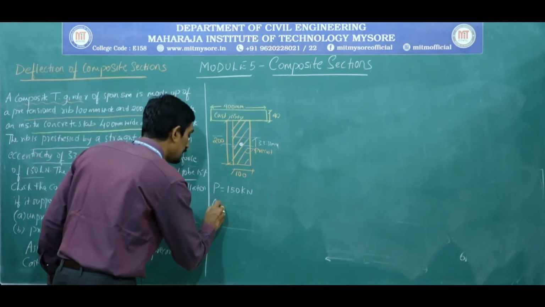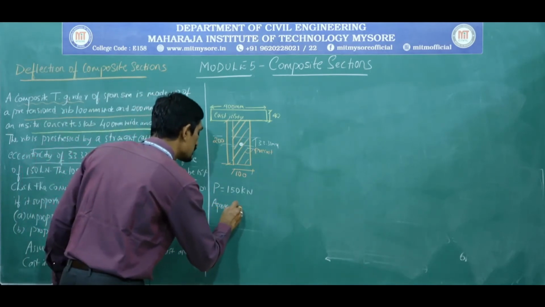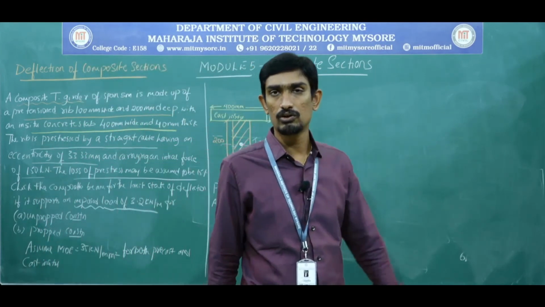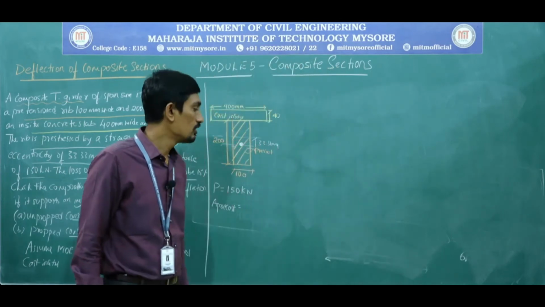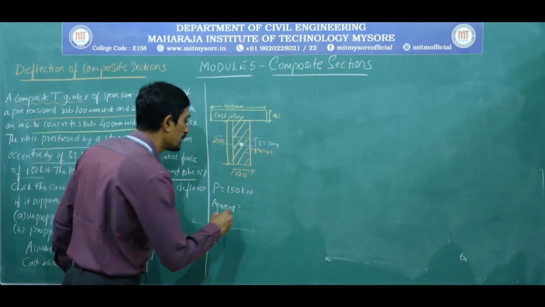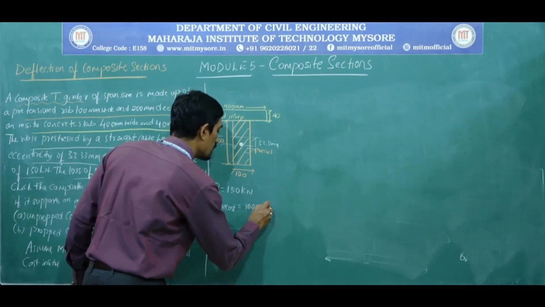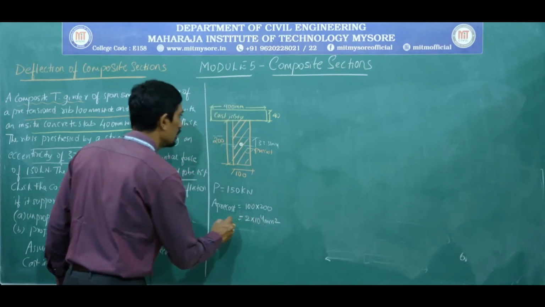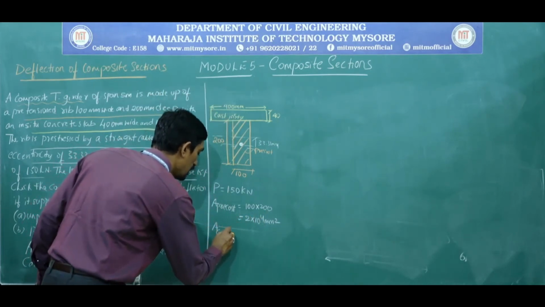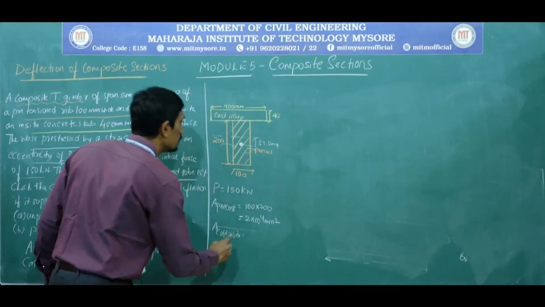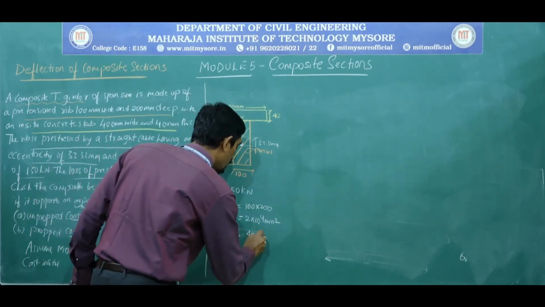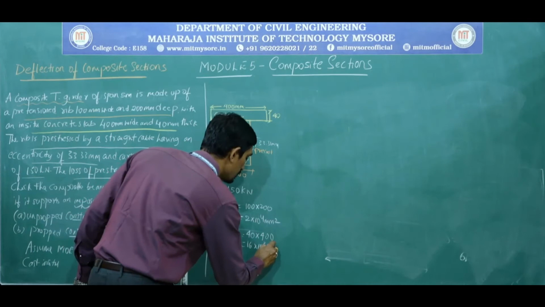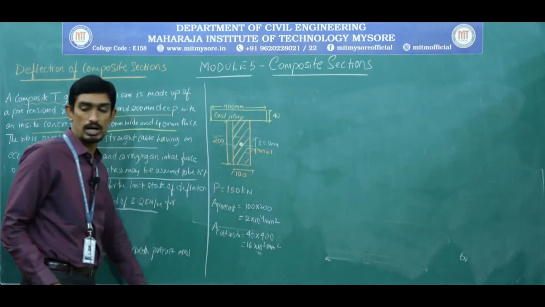Let me first calculate area of precast, because whatever we did in analysis, the same thing I will carry here also. Area of precast is 100 into 200, which is 2 into 10 to the power of 4 millimeter square. Next, area of cast in situ is 40 into 400, that is 16 into 10 to the power of 3 millimeter square.